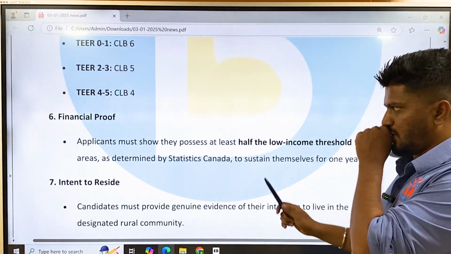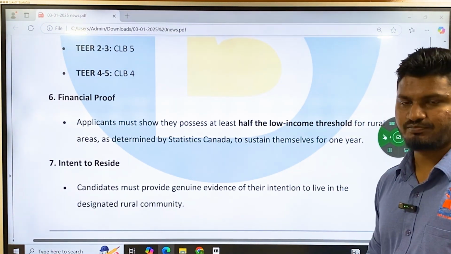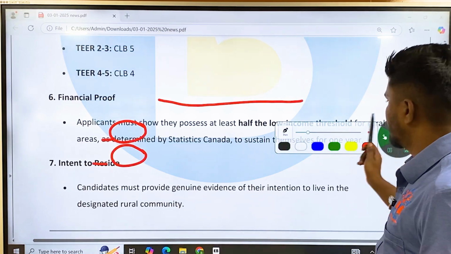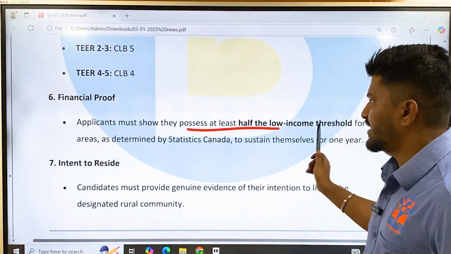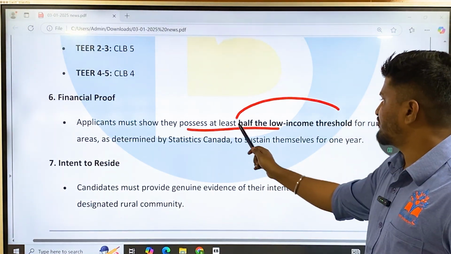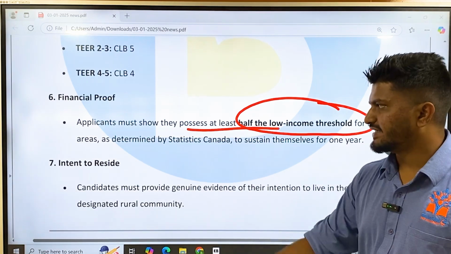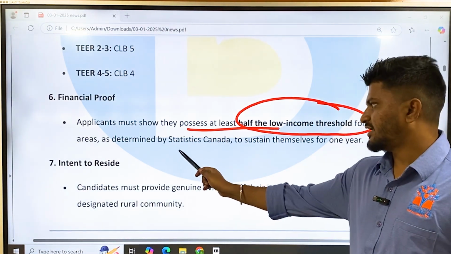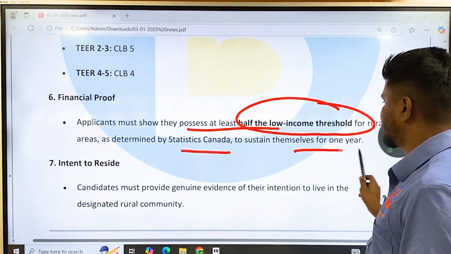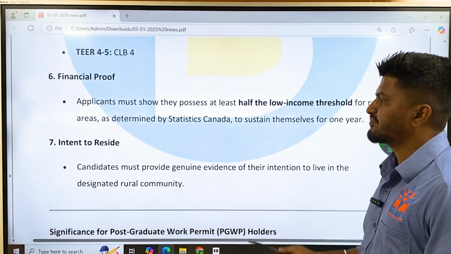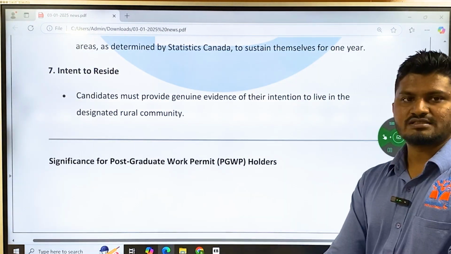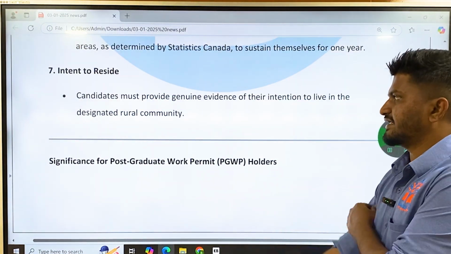Then there is also financial proof. Applicants must show that they possess at least half of the low income threshold for rural areas, as determined by Statistics Canada, to sustain themselves for one year. And then there is also an intent to reside criterion.